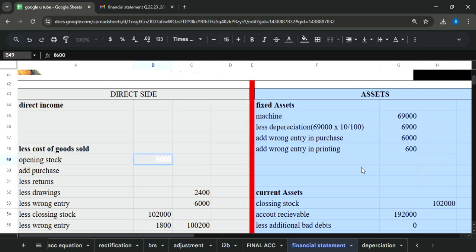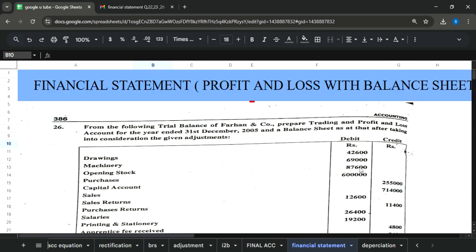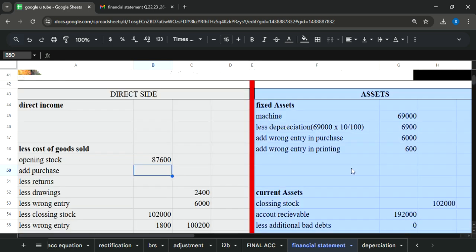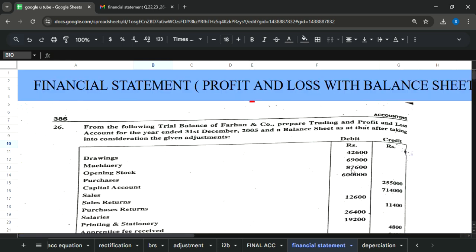So here we will mention 87,600. When you are writing dozens of amounts at the same time, the possibility of human error is always there. Your focus and concentration can save you. I was writing 87,600, but due to this factor I wrote 89,600. After completing the question, it would be very difficult to see where that mistake was. Opening stock 87,600 completed.